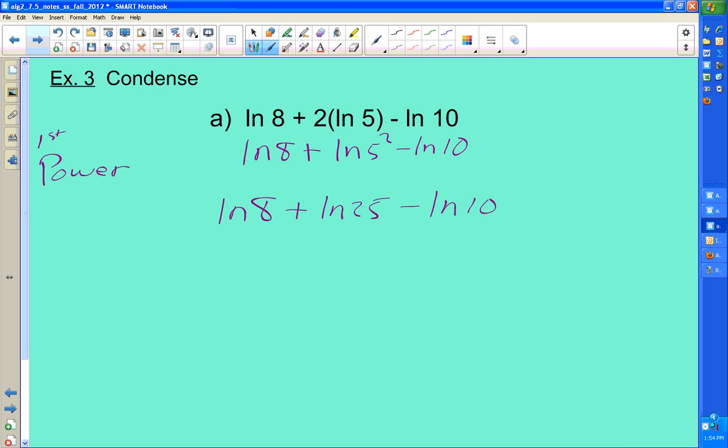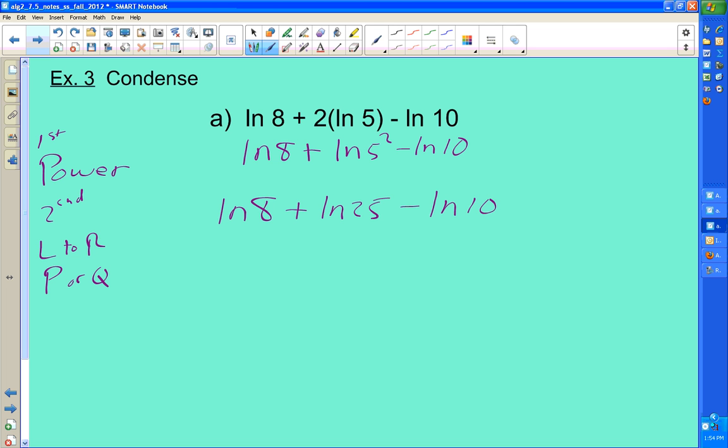The next thing you do after you do power is left to right, product or quotient. It doesn't matter which comes first. Do them left to right. People will argue with you on that. I'm not going to argue. You do what you want. I'm just telling you left to right tends to work pretty flawlessly, and you don't have to worry about what goes where.